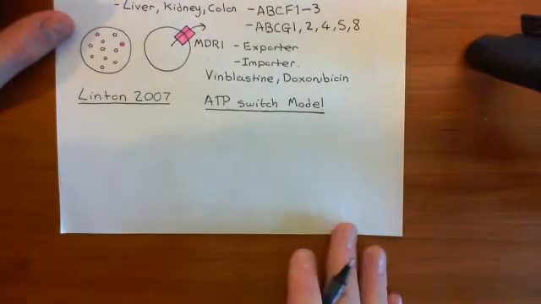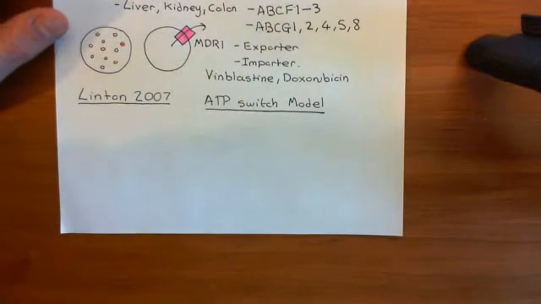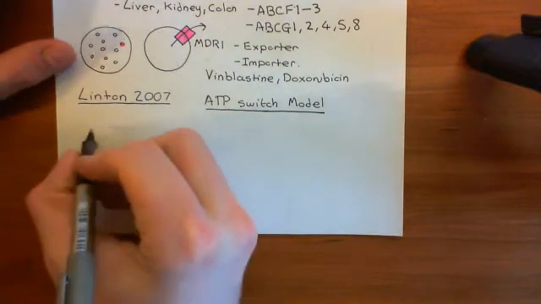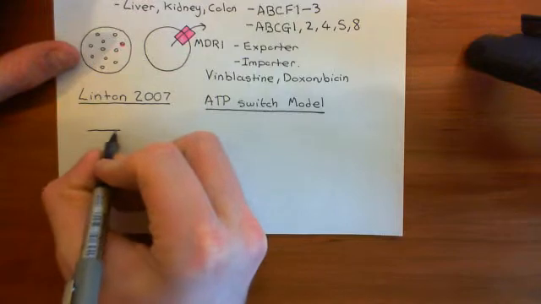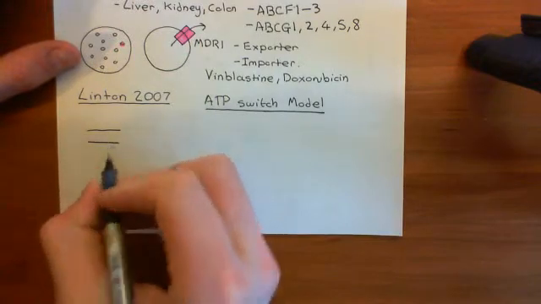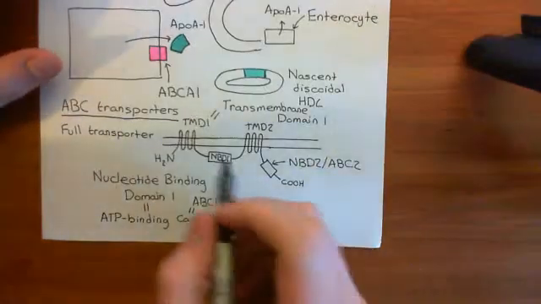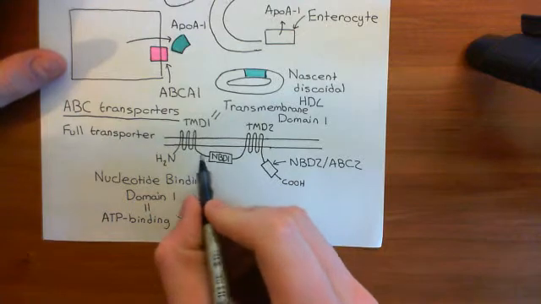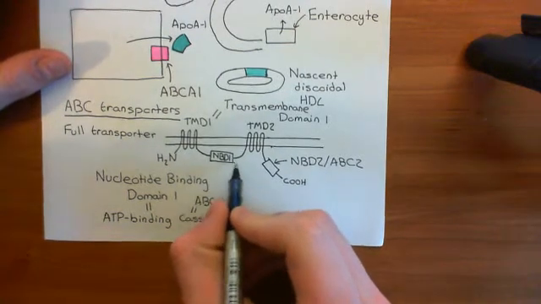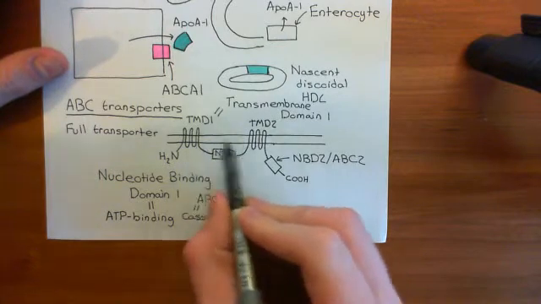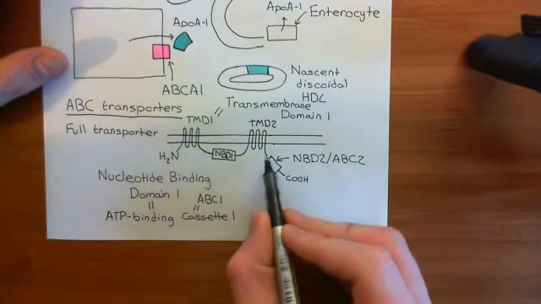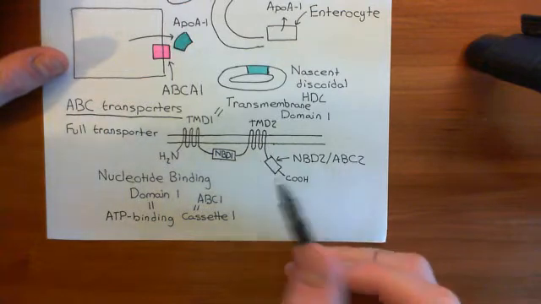Okay, right, so we're going to look at the mechanism of this transporter, but the mechanism by which it works we can use to understand the other ABC transporters as well. So ABCB1 is an example of a full transporter, so remember it has these two transmembrane domains, which both consist of 6 membrane-spanning alpha helices, and then you have the first nucleotide binding domain between the two transmembrane domains and the second nucleotide binding domain after the second transmembrane domain.